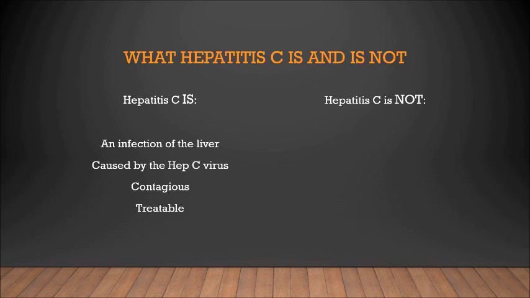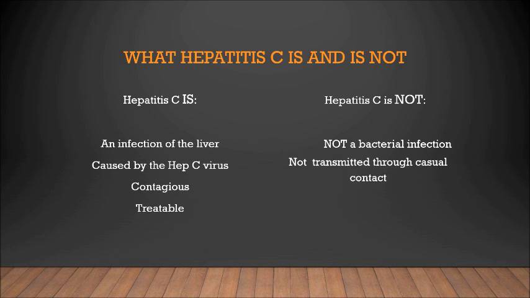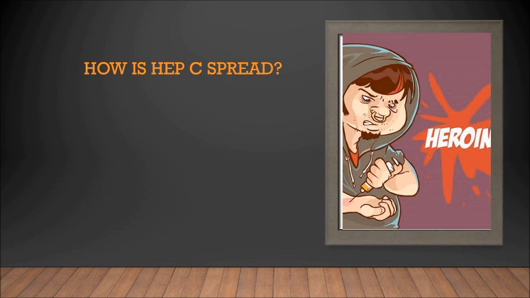Hepatitis C is not simply a bacterial infection. It is not caused by casual contact, such as hugging. And hepatitis C can become chronic and lead to lifelong liver complications.